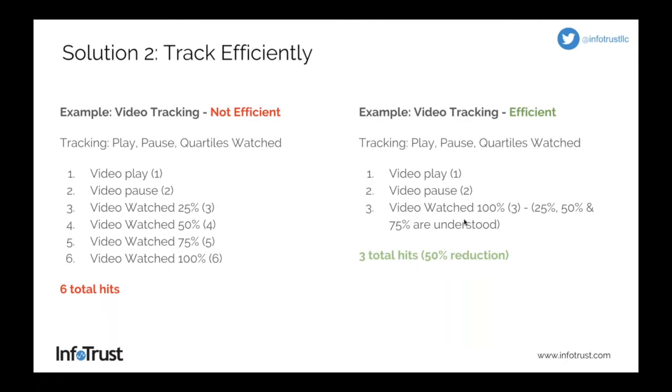Why do you need to know that they hit 25, 50, and 75? Those are understood, right? If you hit 100, you obviously hit 25, 50, and 75. So we've actually reduced our total hits by 50%. We have 3 total hits versus 6. Think about this on a sheer scale level, 500 million visitors per month with all these different video plays. That's a ton of savings there.